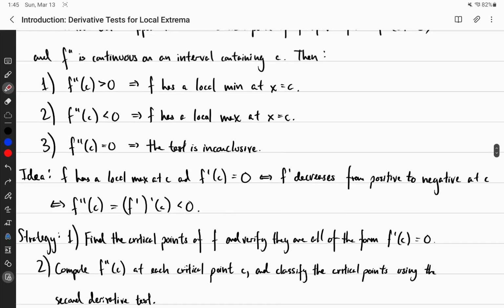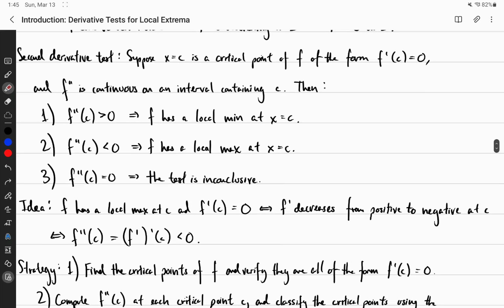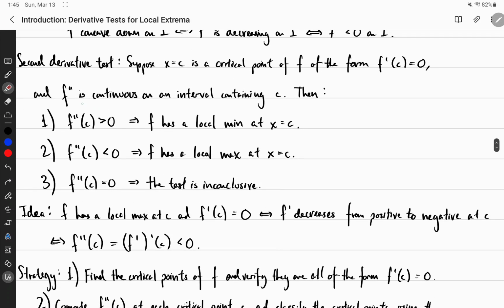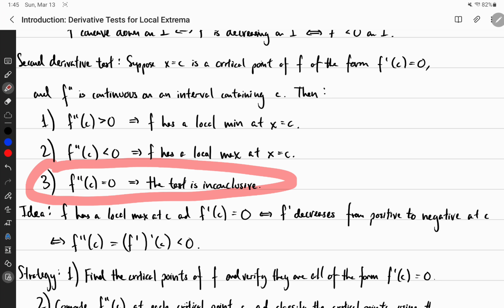On the other hand, the second derivative test is kind of slick, so all you have to do is compute the second derivative at your critical points. That's kind of handy. But as a trade-off, you have to have your critical points of the form where the tangent line is horizontal, and also it's possible that the test might still fail if the second derivative is 0. So the second derivative test can be a little bit slicker, but unfortunately it can also fail in some cases.